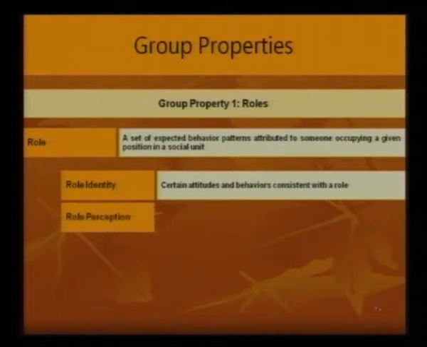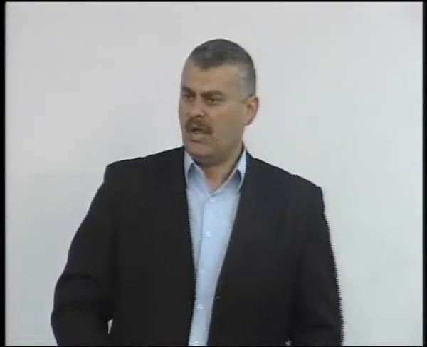Now, there are other circumstances here where there might be some differences. For example, a second point to discuss, and then we can talk about those differences, is rule perception. It might be in some cases the rule expected is something, and how I perceive the rule might be something else. When we talk about rule perception, here we are talking about the individual, him or herself, and how he or she understands the rule required to be played.